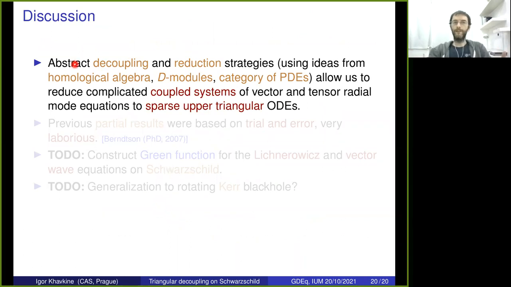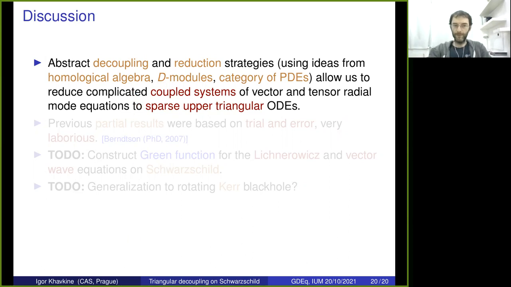So I described to you a general strategy that can be applied to simplify a certain complicated system of ordinary differential equations using ideas from the category theory of PDEs or D modules or homological algebra.